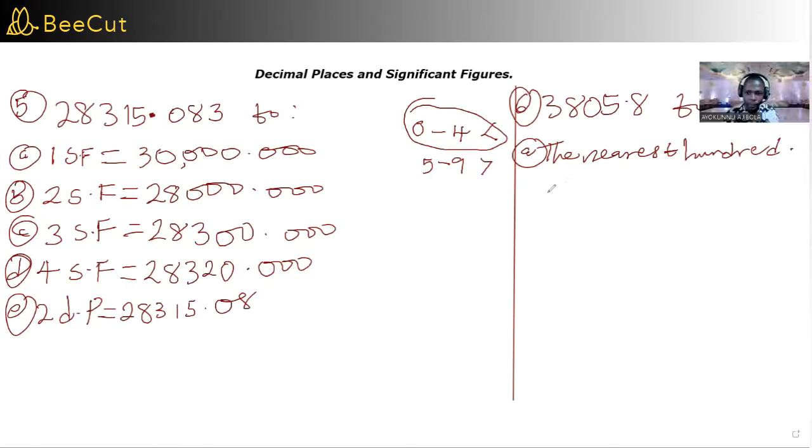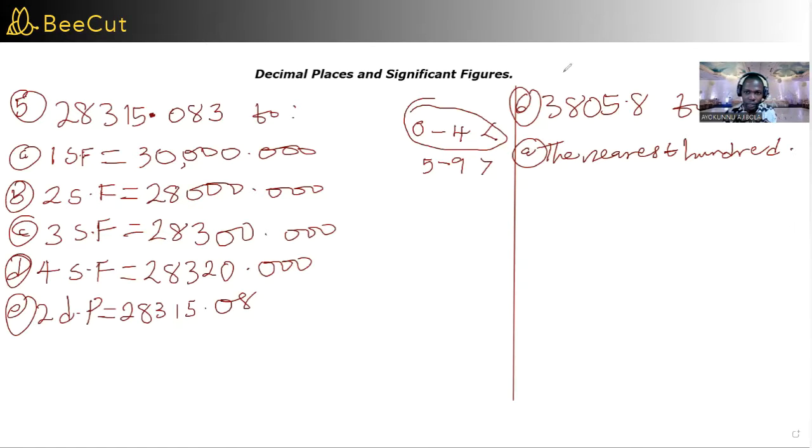Now, the nearest 100 there. This is 3,805.8. What number is this? No, I mean the whole number, 3,805.8. Can you all see that? Very good. So I want to round it to the nearest 100.